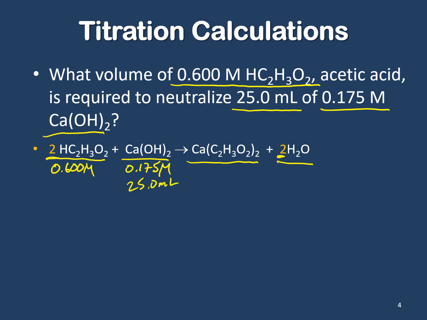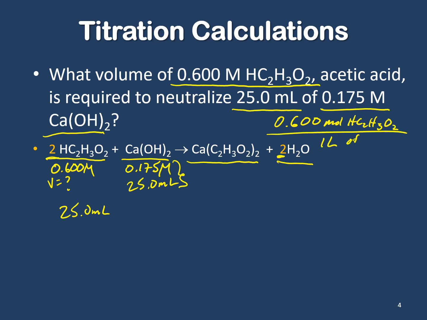And we want to know what volume of acetic acid we need to get rid of all of my calcium hydroxide. So let's start with that 25.0 milliliters that we have, because if I want to figure out the volume, I know the molarity of acetic acid is 0.600 moles of acetic acid over liters of solution.